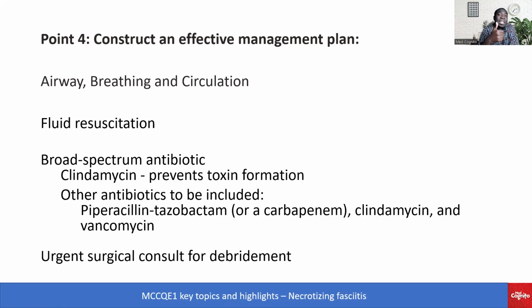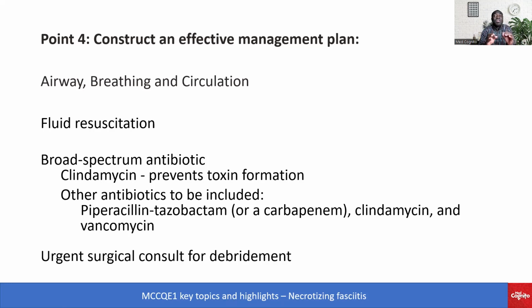So you want to make sure IV lines are passed, the patient is getting bolus fluid so far as the patient is not overloaded with fluids, and broad spectrum antibiotics. For the broad spectrum antibiotics, you want to use an antibiotic like clindamycin. And you use clindamycin because it helps to prevent toxin formation. And you also want to include other antibiotics like piperacillin tazobactam, vancomycin as well.